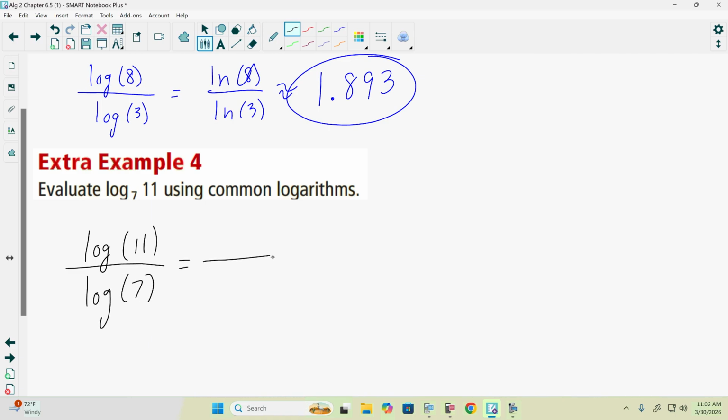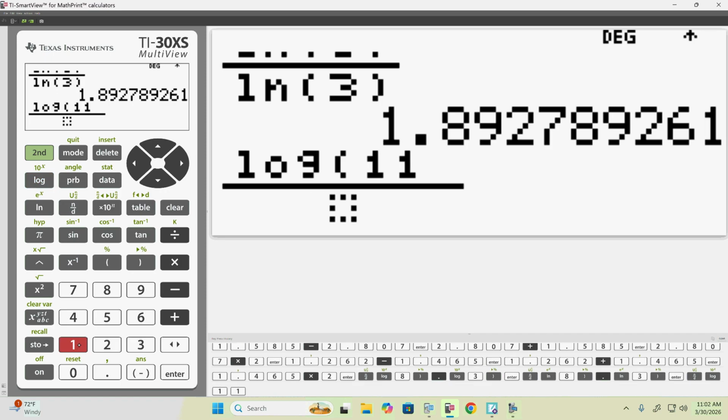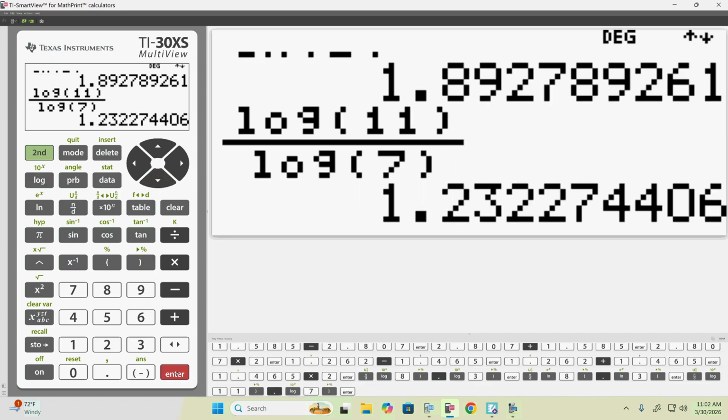If I wanted natural logs, it'd be the natural log of 11 over the natural log of 7. Yeah, we had 3 on the last one. But that's it. Natural log of 11 over natural log of 7, or log of 11 over log of 7. Which means I can grab the calculator and say log of 11 over log of 7 and see that it's 1.232.